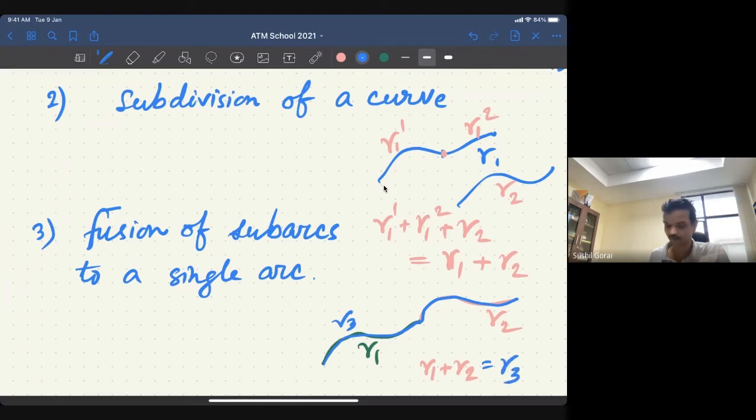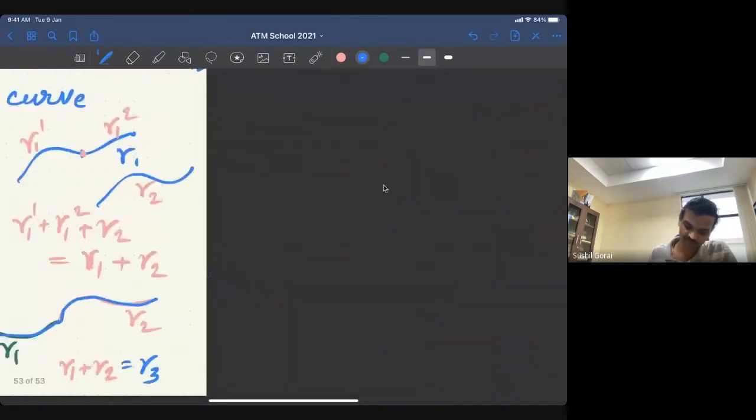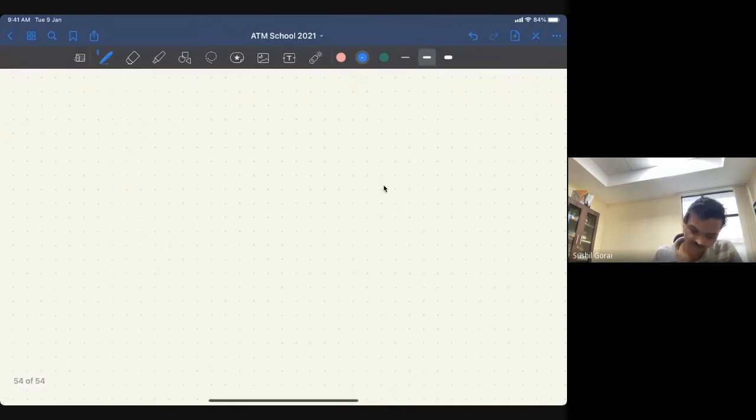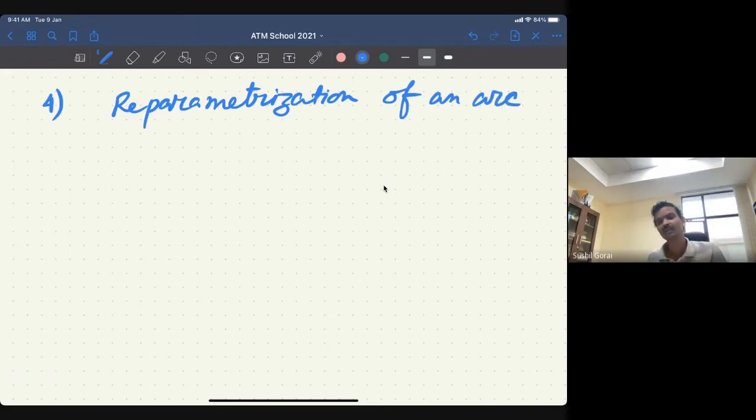It's just gamma 3. Doesn't matter. Fourth one is reparameterization of an arc. In the integral it doesn't matter, hence in the chain it doesn't matter.